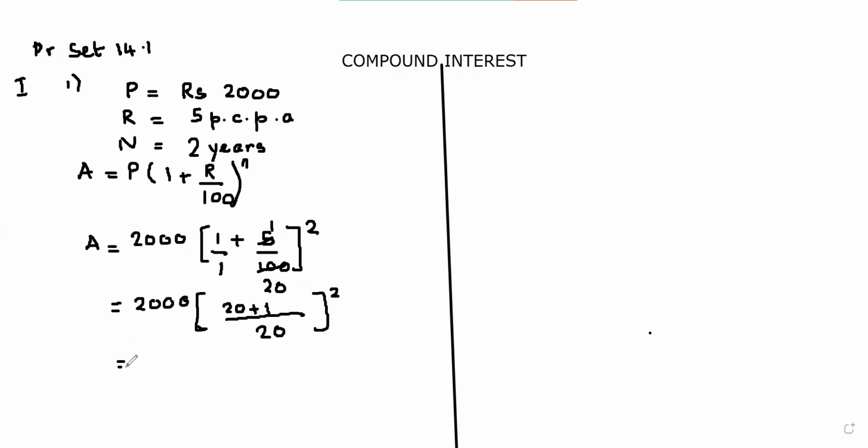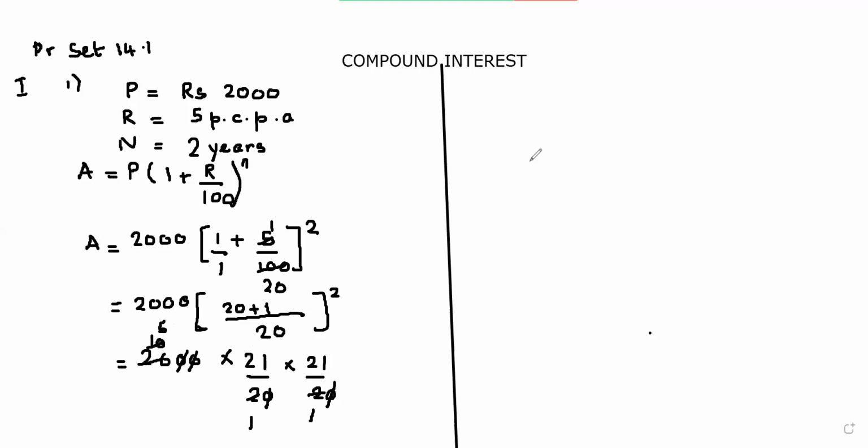So this is equal to 2,000 into 21 upon 20 into 21 upon 20, twice. Now we cancel this 0 and this 0 along with these two zeros. 2 ones are, 2 tens are, 2 ones are, 2 fives are.